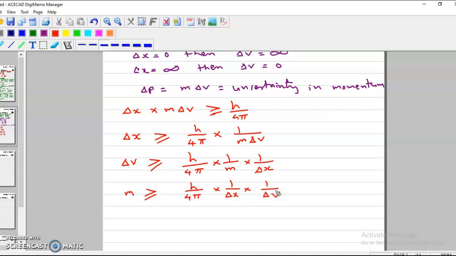The unit of delta x will be meter or centimeter. The unit of delta v will be meter second inverse or centimeter second inverse, and the unit of m could be kilogram or gram. So you will be given all of this, and you have to find out one of these terms in case of numericals.